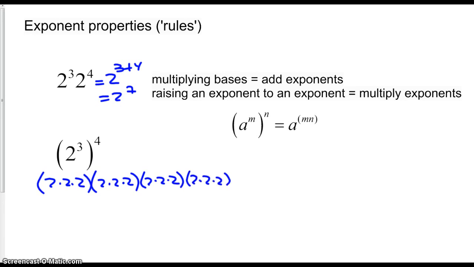So you would have to take 3 times 4. So that's why this would be 2 to the 3 times 4, or 2 to the 12th. If you multiply bases together, then you add the exponents. If you take an exponent and raise that to an exponent, then you multiply. Okay? So those are the two cases for contrast there.